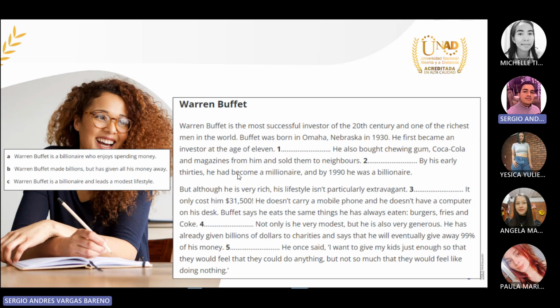Because in the last line, it says become, but here it is in past, so it is became. And the pronunciation of the word rich, richest.